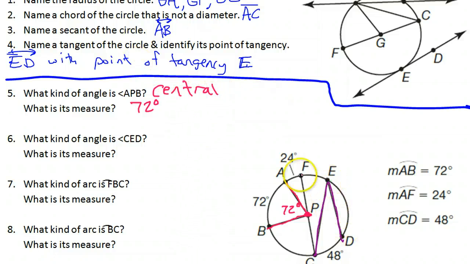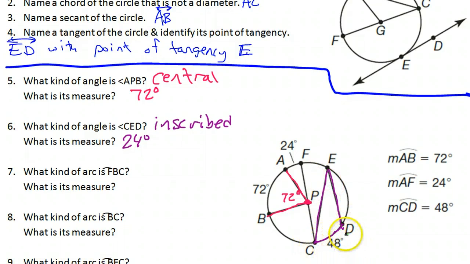This is not a central angle. This is an inscribed angle, and its measure is going to be 24 degrees. How did I know that? Well, when you have an inscribed angle and its intercepted arc, the angle is half the arc. So arc CD is 48 degrees, so angle CED is 24 degrees.